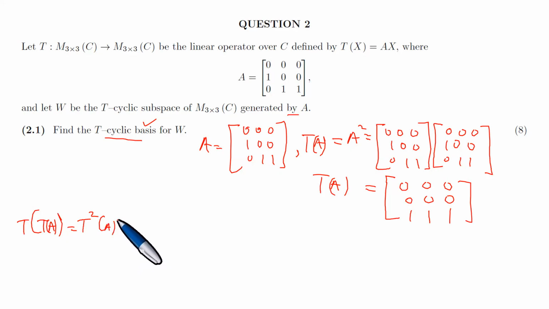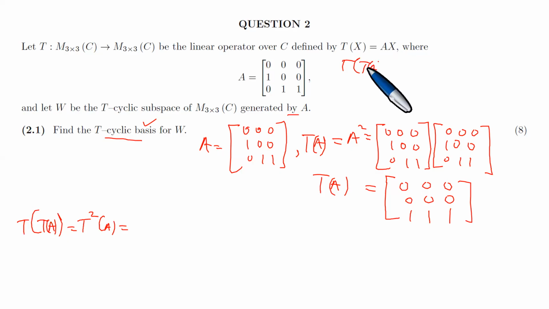What is T squared of A? Given T, you replace every x by TA. According to that definition, wherever there is x, you put TA.